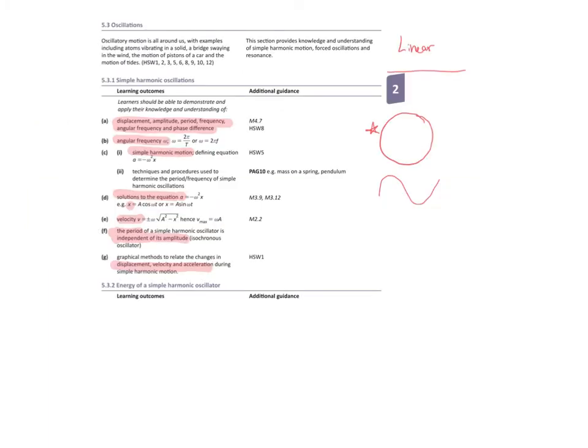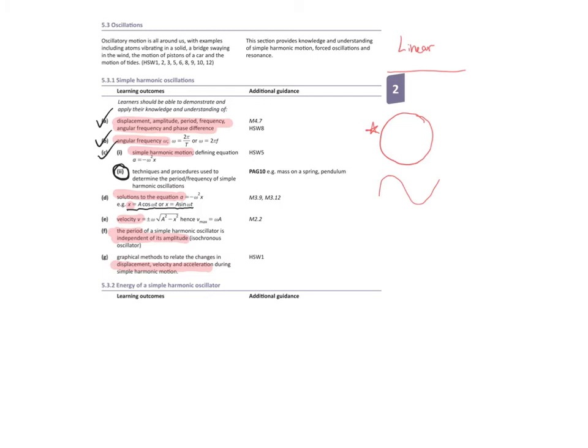So we have spoken about the displacement, amplitude, period, frequency, angular frequency, and phase difference. We talked about the angular frequency, what simple harmonic motion is and how to define it. I will have a brief talk through this part where how to determine the frequency of simple harmonic oscillations. We also showed where these equations come from, but we will look a little bit more in depth into it.